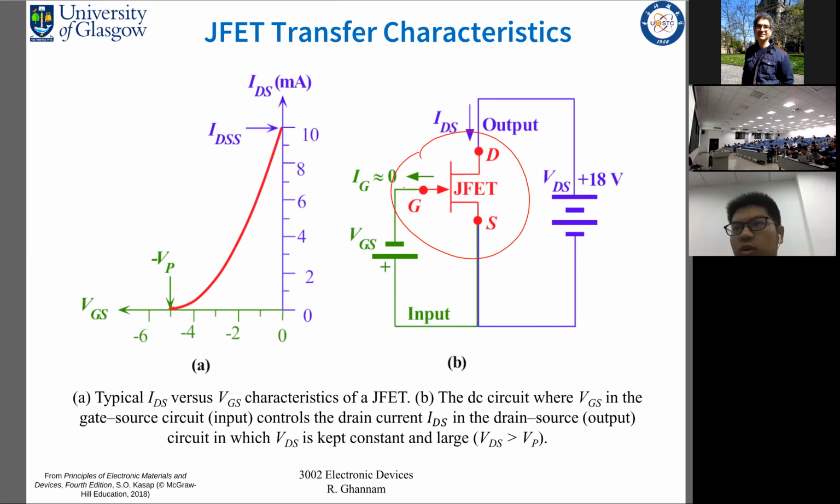For this, the VGS voltage, what happens at the input circuit, controls what happens at the output circuit. So the VGS controls what happens at the output, and this is why this is called a voltage controlled device.